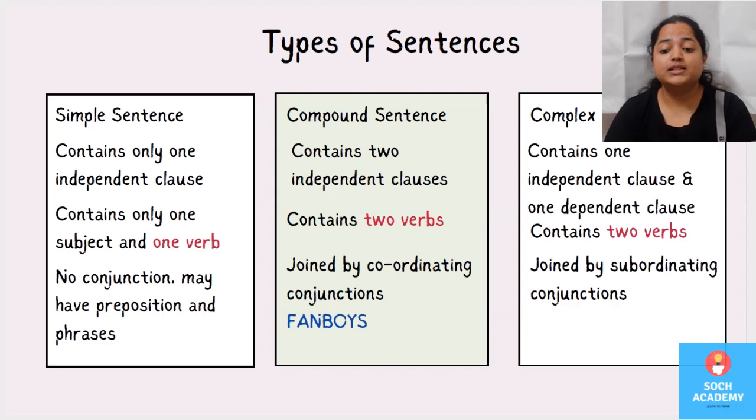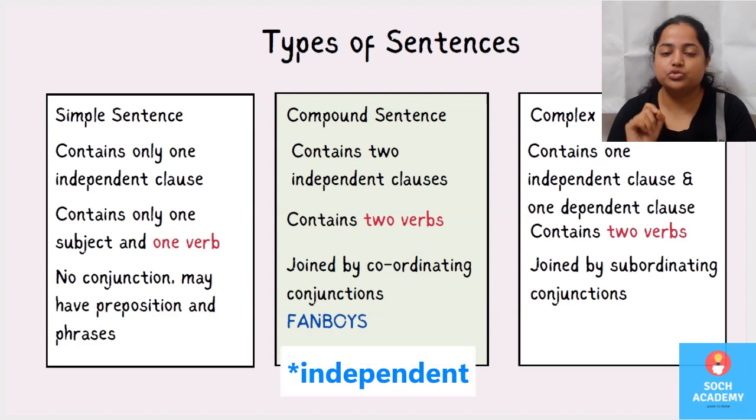If the sentences are joined by coordinating conjunctions, and coordinating conjunctions are the FANBOYS conjunctions. So if there is any conjunction from the FANBOYS, it is a compound sentence because it has two independent clauses joined by the FANBOYS or coordinating conjunction. Okay, coordinating conjunctions are always only used to join independent clauses.